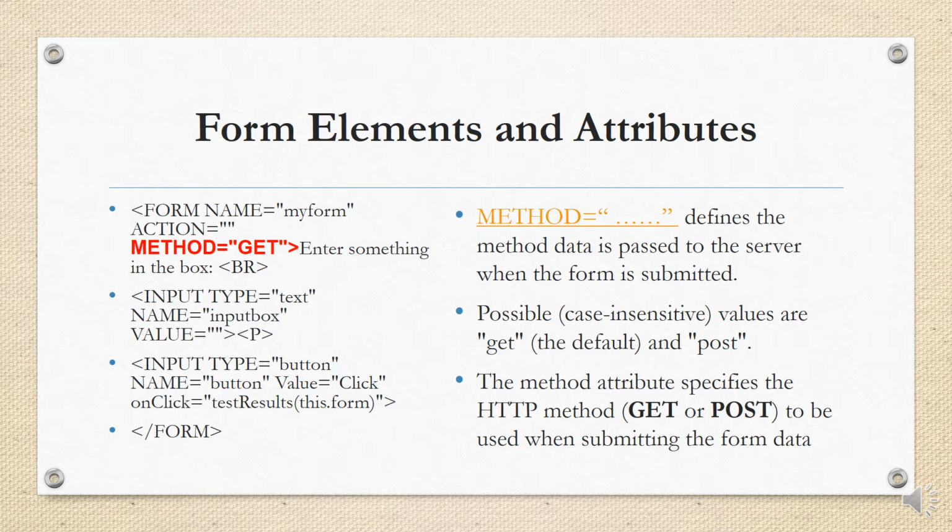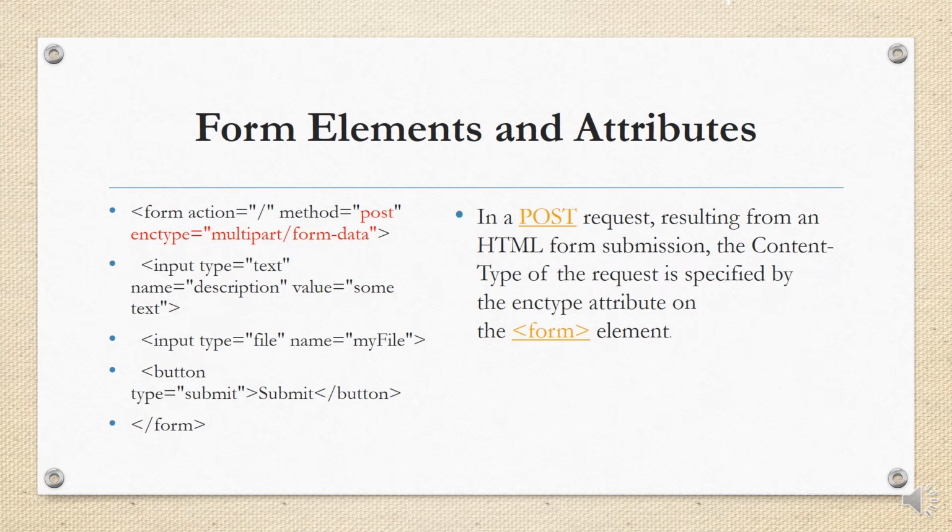The method attribute specifies the HTTP method to be used when submitting the form data. So we have this post, and in a post request resulting from an HTML form, the content type of the request is specified in the enctype attribute. So we add this enctype attribute when we use post. Not all the time, but most of the time we need to add this so it will work in the right way.